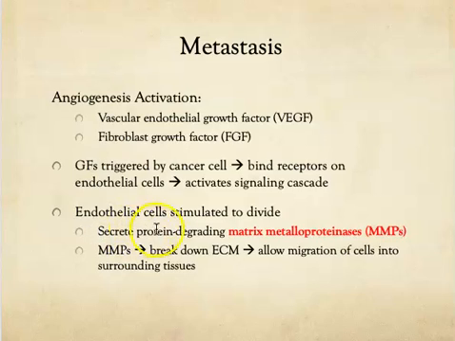They are protein degrading substances called matrix metalloproteinases. These are enzymes, and they're capable of degrading the material that exists in between cells in tissue, the material that we call extracellular matrix. They're breaking down that matrix, and it allows for these cells to migrate, to move through tissue towards some destination.